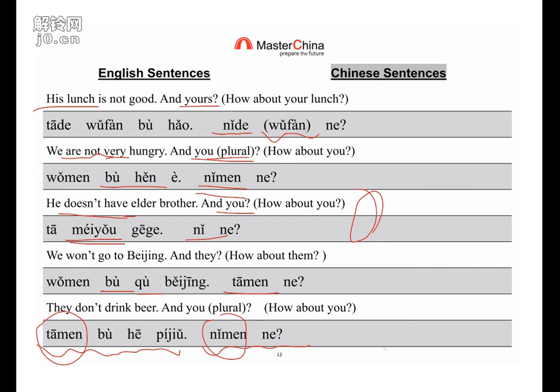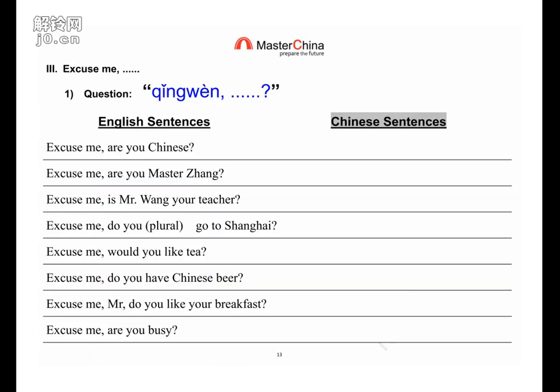If I give you a very clear rule, with ma and ne, you understand their principle and their function. Then we have some knowledge I need to explain to you. Usually people use "excuse me" quite a lot, because when you are going to ask people a question, sometimes you need to attract their attention first.